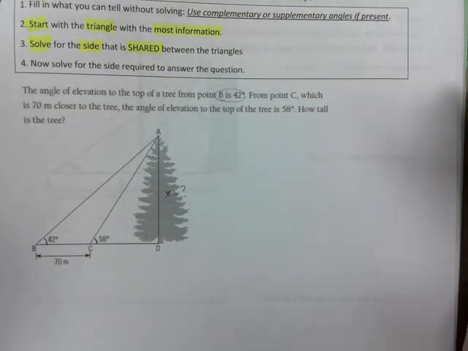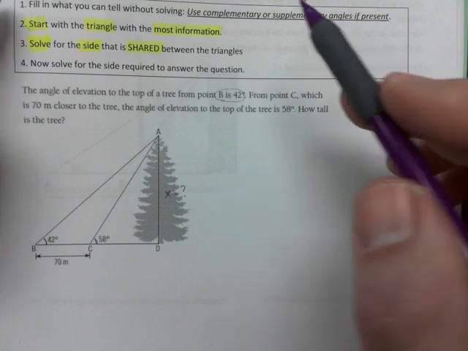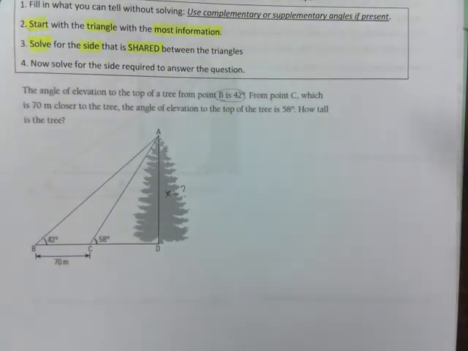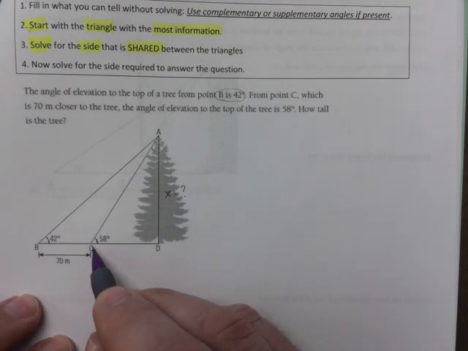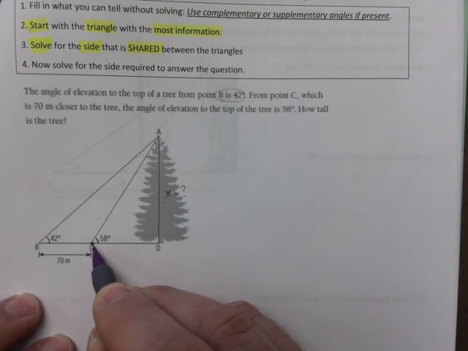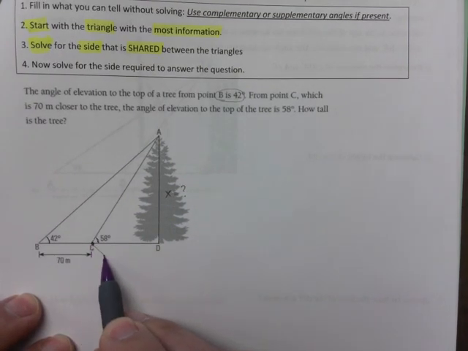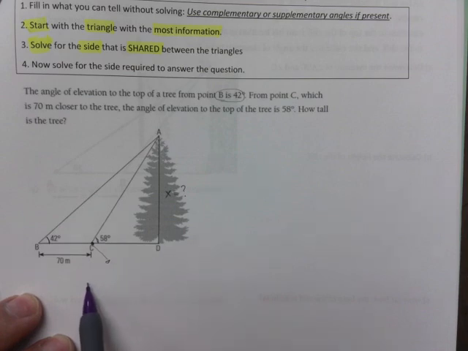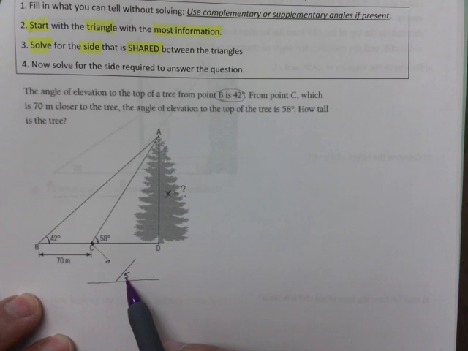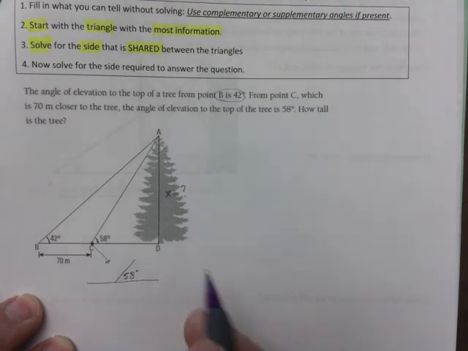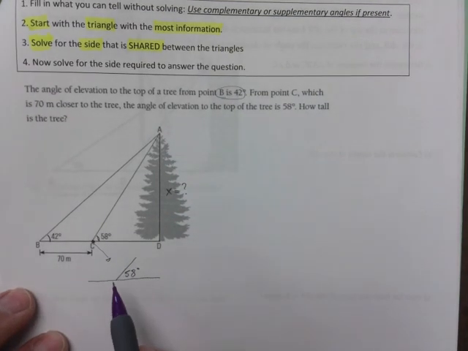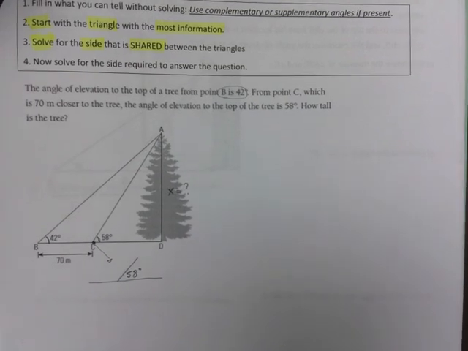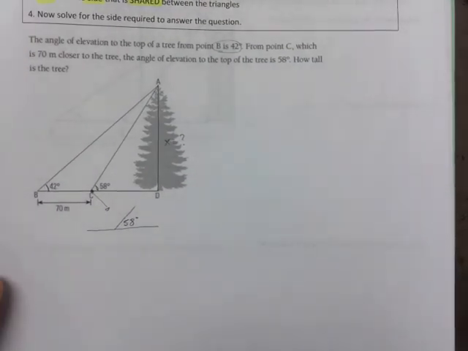So that's what I mean by fill in as much information as you can. That would be step one, using complementary or supplementary angles. Here it is again at that point right there. If you zoom out, I noticed that if this is 58, then whatever's on the other side, together they have to add up to 180.